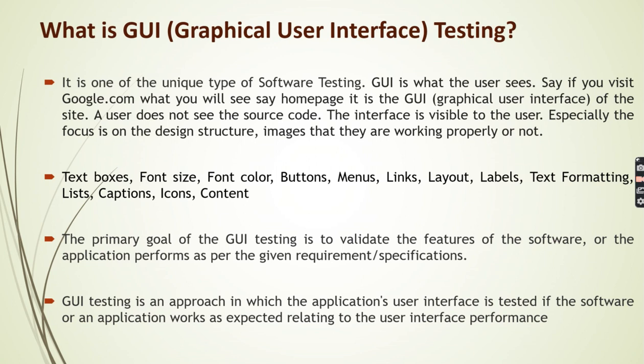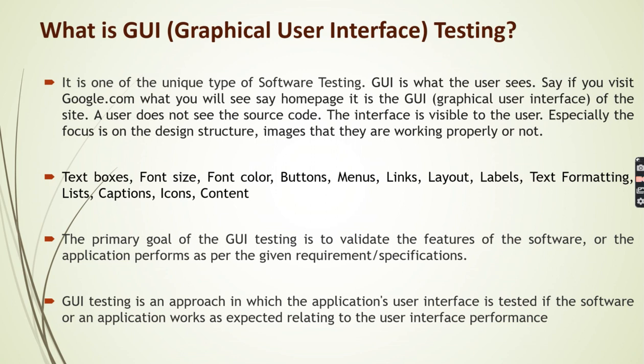Usually GUI testing is used to assess the design of elements or features like text box, font size, font color, buttons, menus, links, layout, labels, text formatting, list, captions, icons, contents. The primary goal of GUI testing is to validate that the features of the software or application perform as per the given requirement specification.